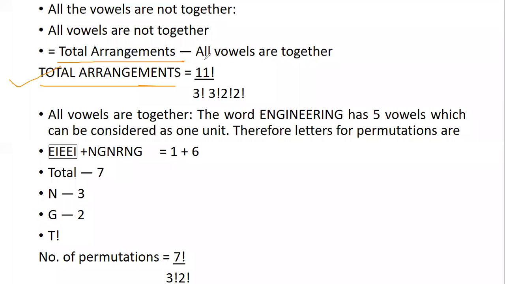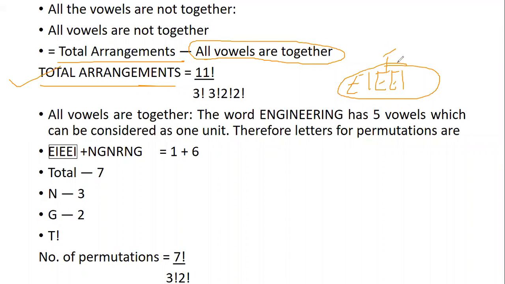Now, let us understand how to solve all vowels are together. We already identified E, I, E, E, I as the vowels that we have. Here they are saying all the vowels are together. When they talk about together, we can take all the vowels as one unit.